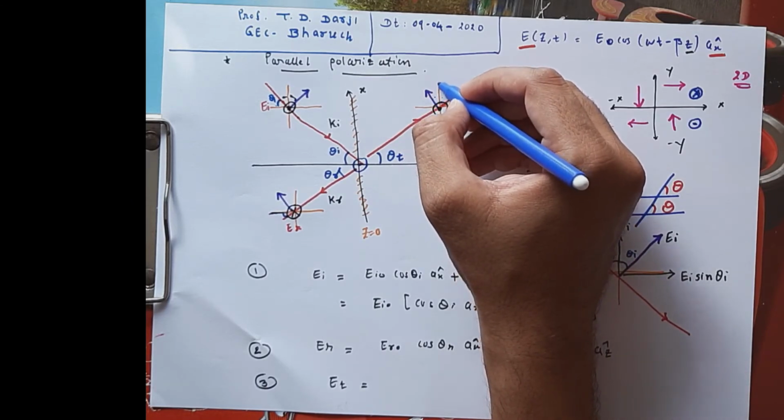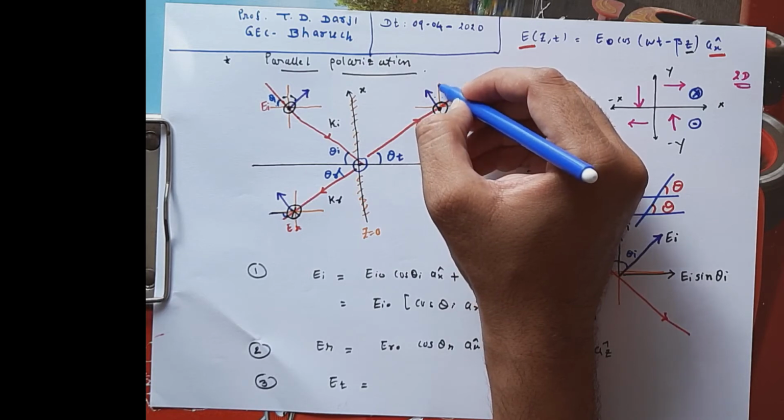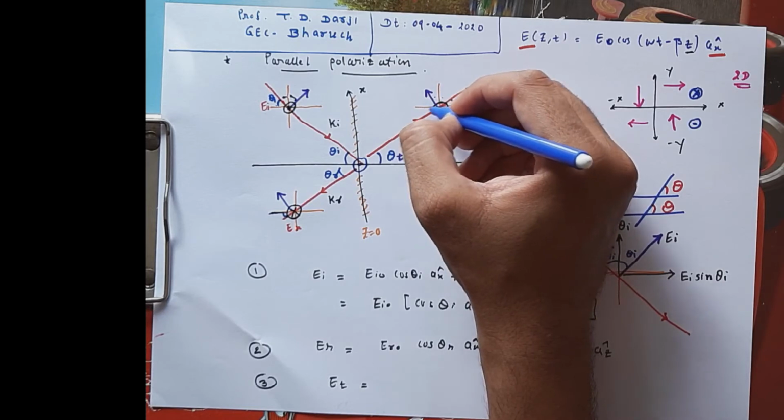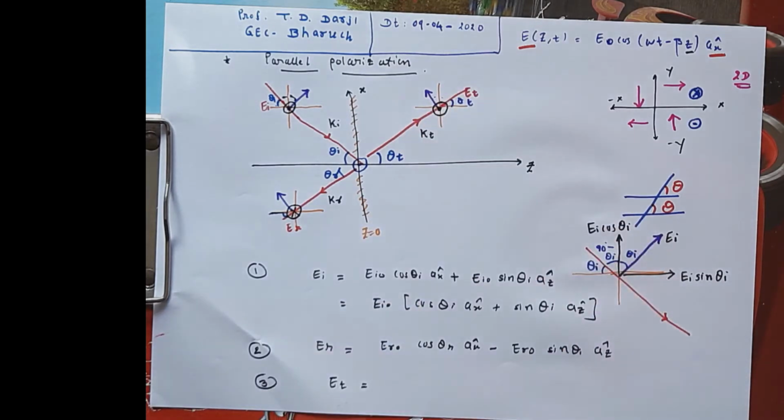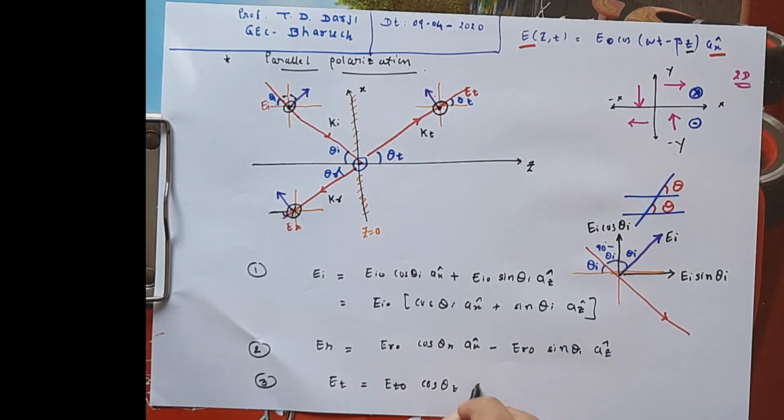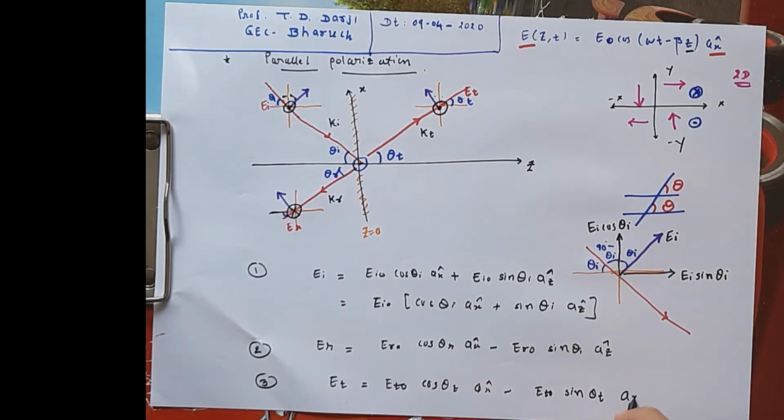So this part is ET cos theta t in the x direction, and this one is ET sin theta t in the minus z direction. So we can write ET equals ETO cos theta t in the x direction minus ETO sin theta t in the z direction.